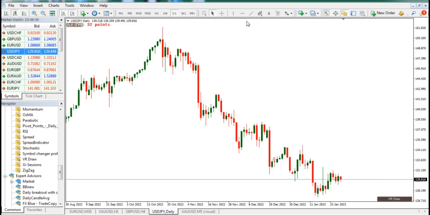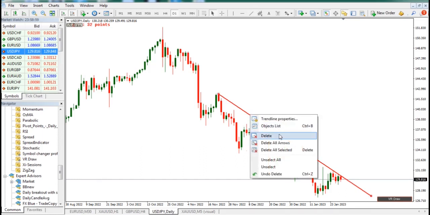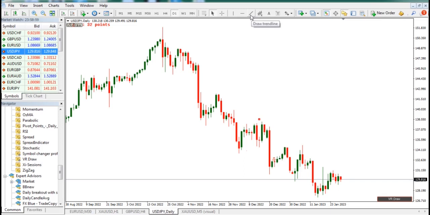So what you will do is draw this trend line like this. For this example, just for illustration purposes, you can draw like this till here. Excuse me, let me delete this one. Just for the illustration, like this.